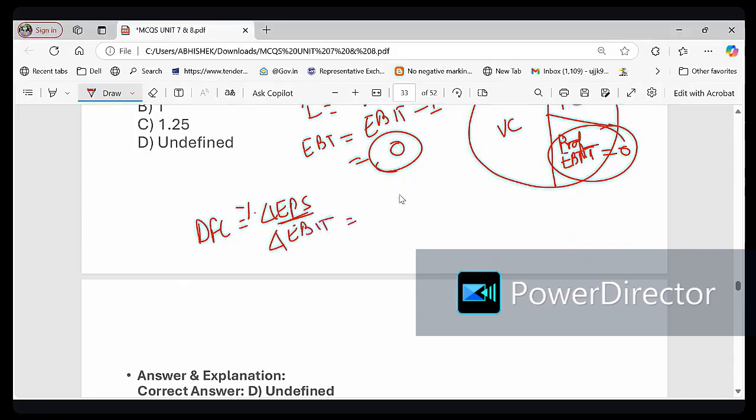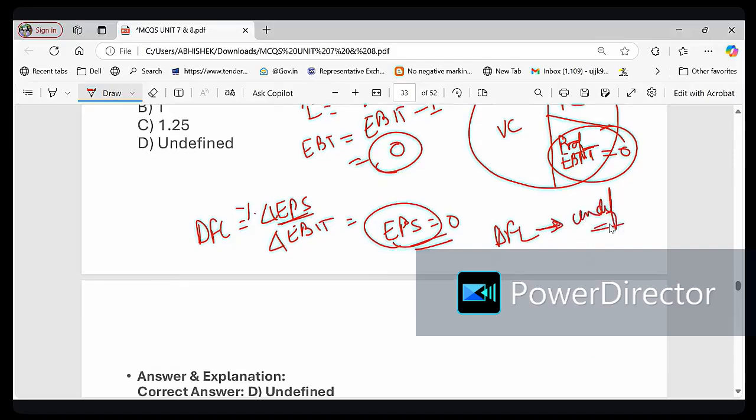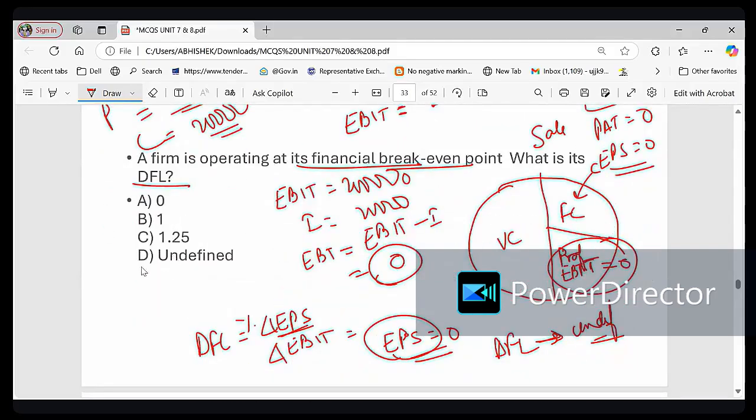That is the formula for DFL. So if EPS is zero, right? EPS is zero, so this DFL becomes undefined because it is in the denominator. So at the financial break-even point, DFL becomes undefined.